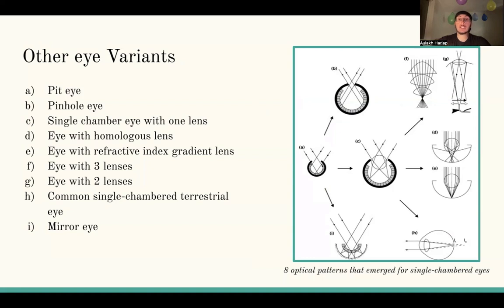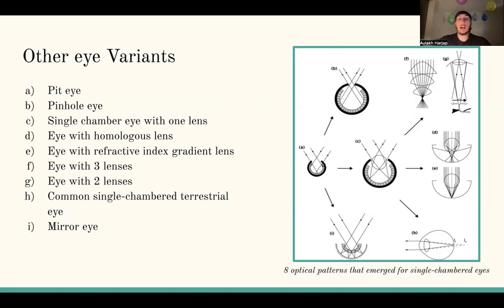On the other hand, the small black arrows showcase the pathway that light takes to enter any of these respective eyes. The pit eye likely developed into the pinhole eye of Nautilus with no lenses, as shown by B. The mirror eye, which reflects light onto the retina of scallops, is seen in I. And the common single-chambered eyes with a singular lens seen across many, many species are indicated by C. F and G then showcase eyes found in species with multiple lenses like Pontella and Copilia, which are both arthropod species.